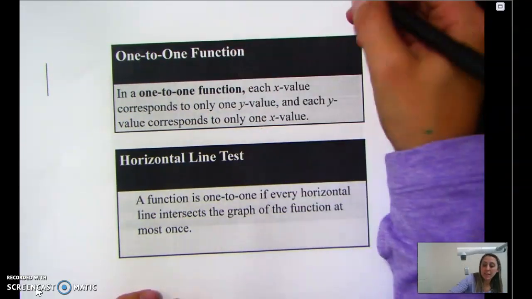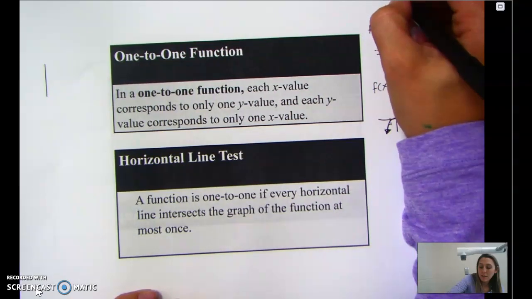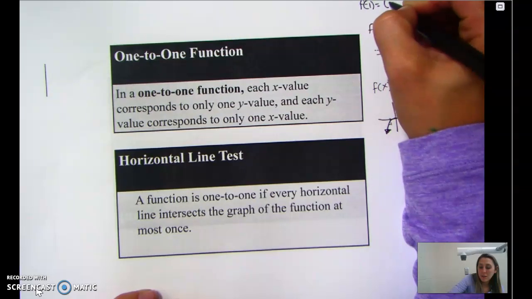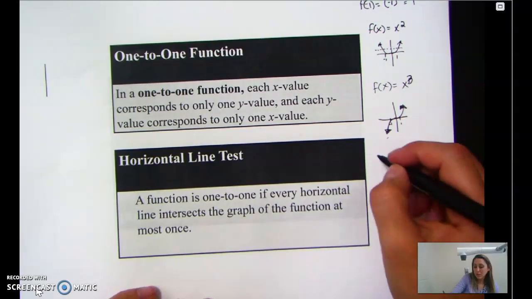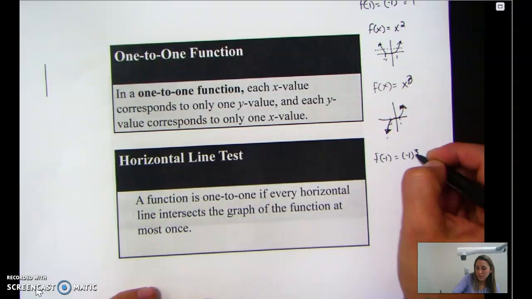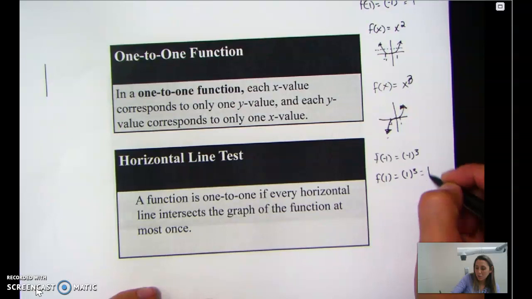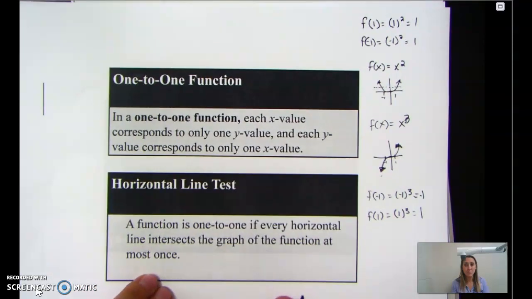If I were to plug in 1 and -1 here, I get 1 and 1. If I were to do the same thing here, with -1 and +1, I would get -1 here and 1 here. Two different answers means it's a one-to-one. So get that in your notes, hit pause if you need to.